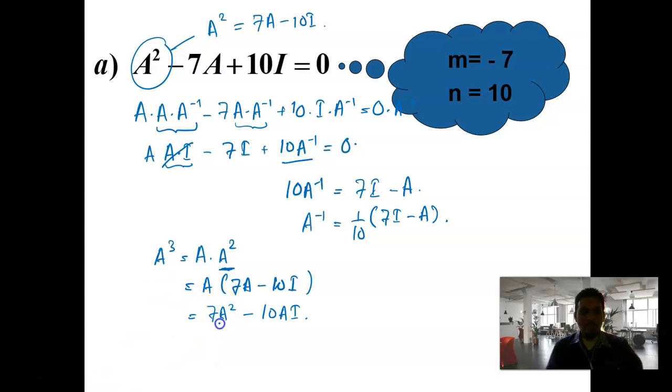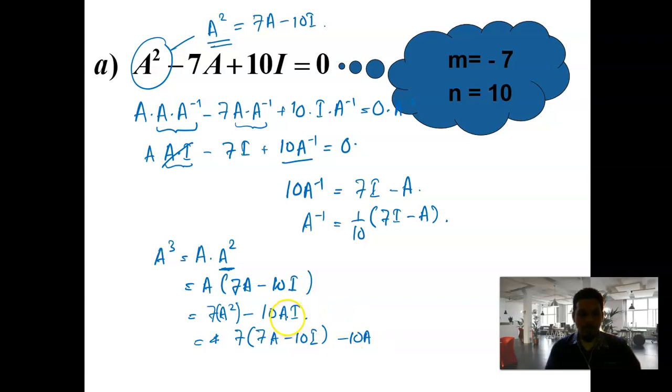And look at this, we have A squared. We are going to use it again, so then it is 7 times A squared, which is 7A minus 10I, minus 10A.